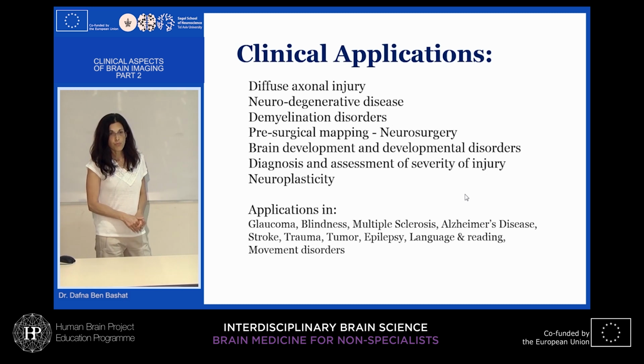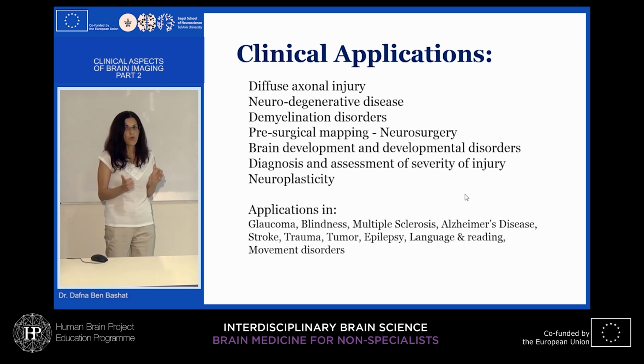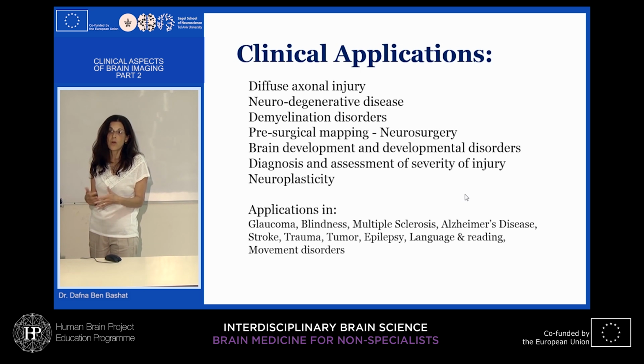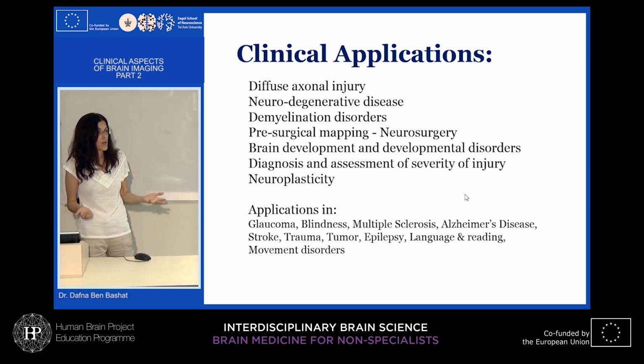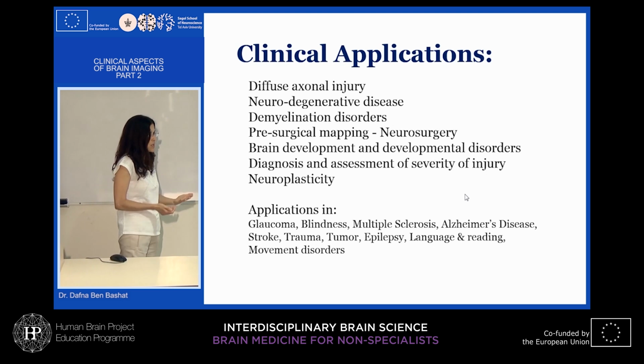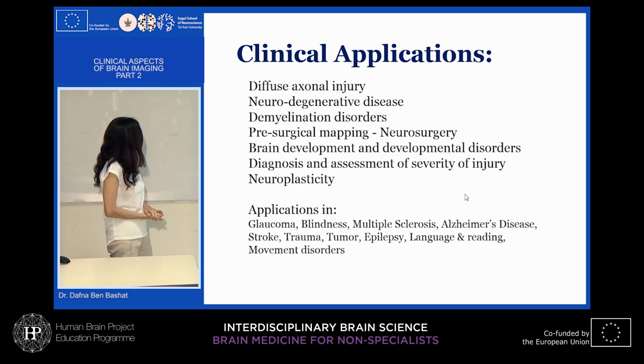When we're talking about brain development and developmental disorders, we want to know if there is something specific. We have a child that doesn't walk at the age of 2.5. If he has cerebral palsy, we sometimes want to know if it's only this network or there are others, maybe a lesion that we can intervene in. Diagnosis and assessment of severity of the injury.